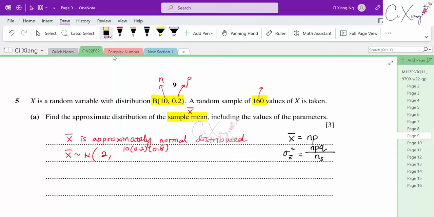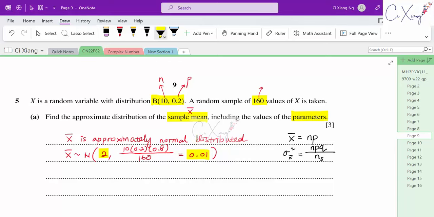For this question, the sample size is 160. So you divide by 160, and therefore the variance for sample mean will be 0.01. These are the two values that we call parameters. You should let them know that it is normally distributed.